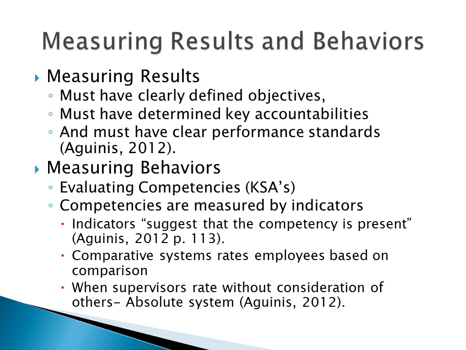So there could be many indicators to each competency. So comparative systems rate employees based on comparison. They compare one employee to another. And when supervisors rate without the consideration of others, meaning that one employee isn't being compared to another, that rater is using an absolute system.